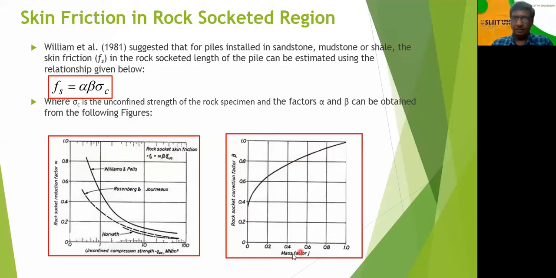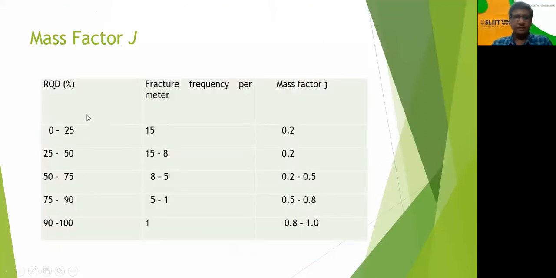So it depends on the mass factor. The alpha value can be obtained from the unconfined compressive strength. Depending on the curve that you consider, you can obtain the alpha value directly. But for the beta value, you have to determine the mass factor J. How you can estimate the mass factor J is using this particular relationship. They have given this chart.